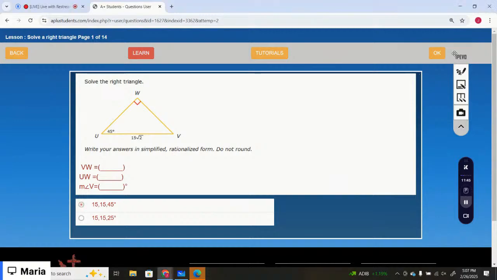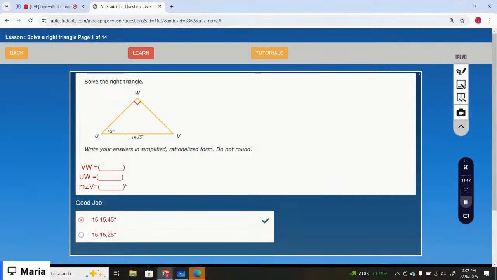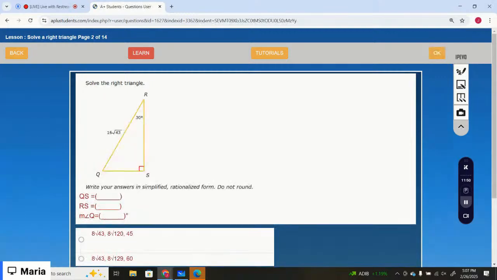Okay, the next one is solve the right triangle. So you have to solve the right triangle.